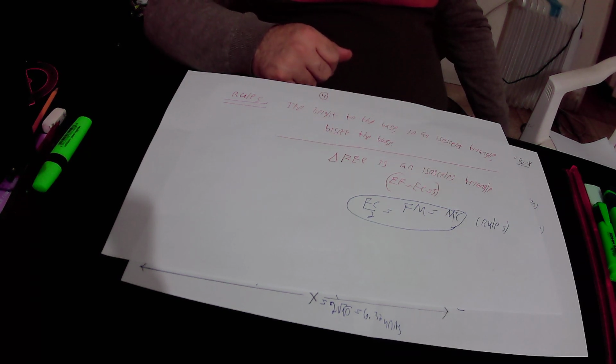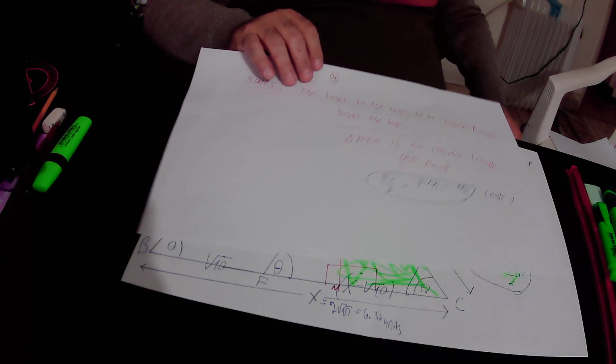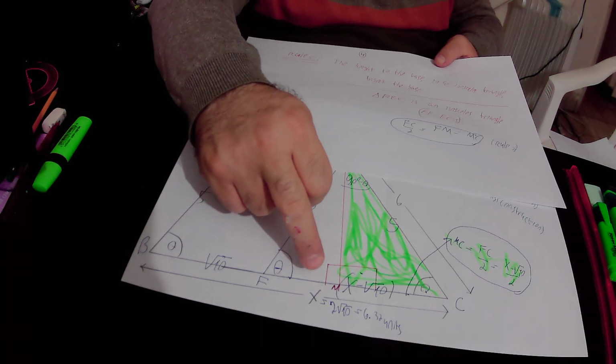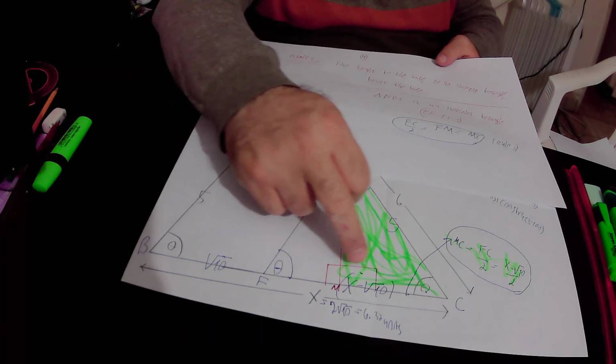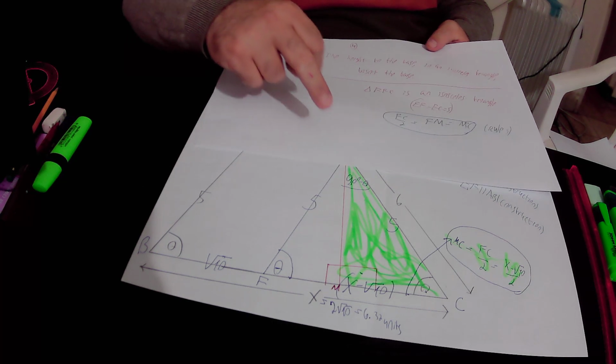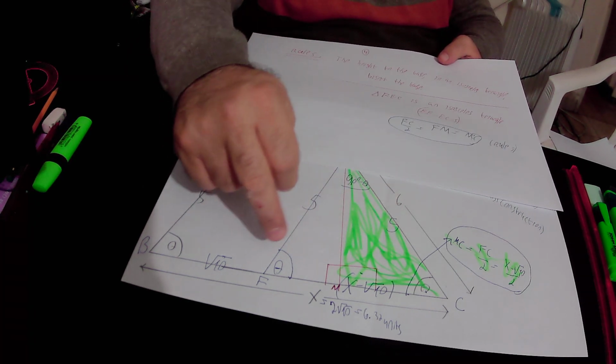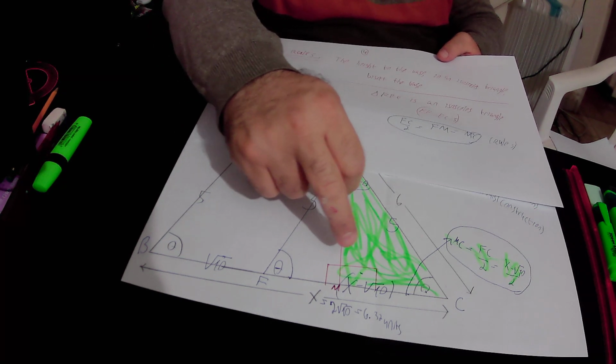According to rule number 5, and we have already found out that FC equals x minus square root of 10 units. So FC over 2, which equals MC and also FM, will be x minus square root of 10 over 2.